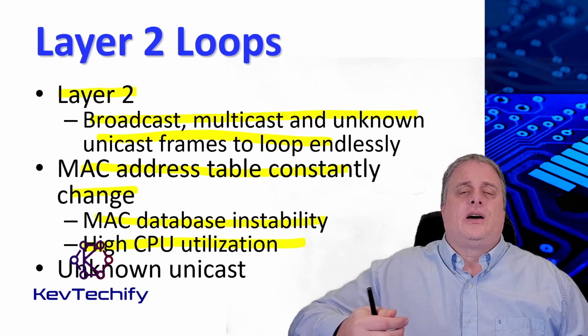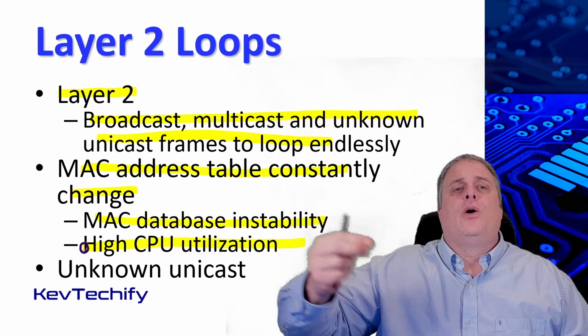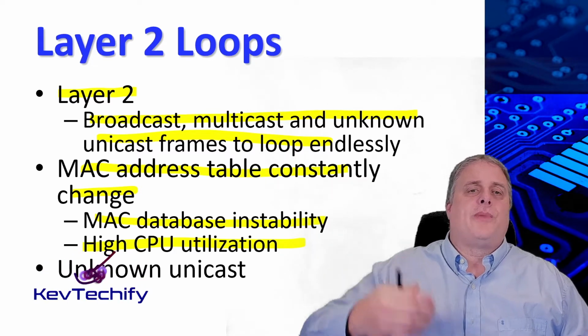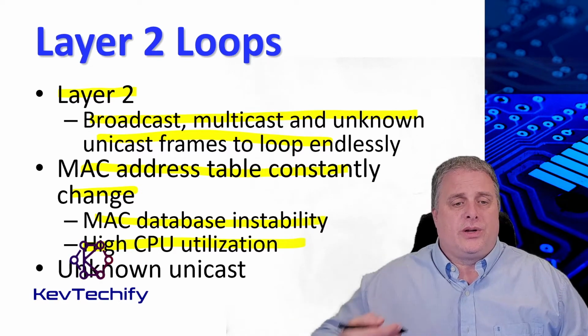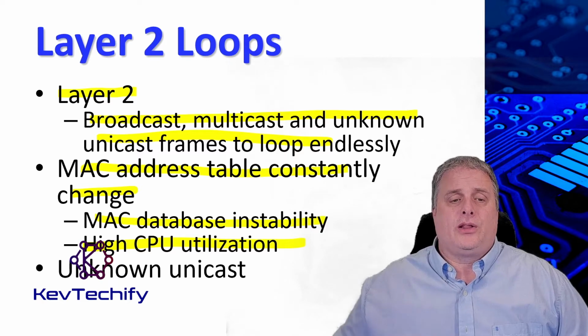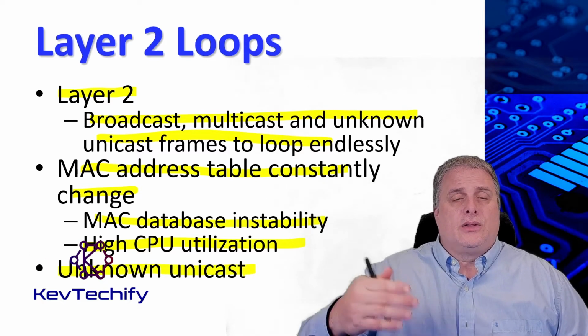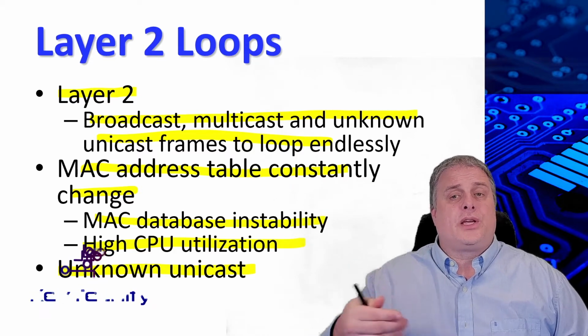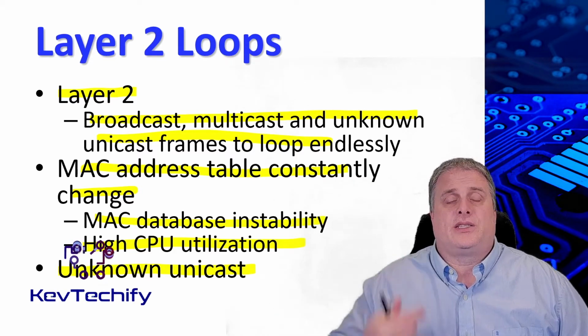It's always constantly looking at where the MAC address comes from and what the best path to it is, and it's always doing that. Broadcast frames here aren't the only type of frames that are affected by loops. Unknown unicast frames sent on a looped network can also result in duplicate frames arriving at a destination device.